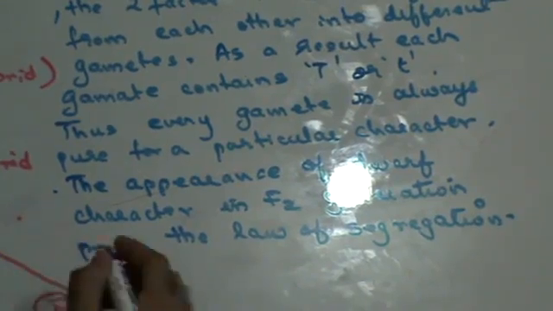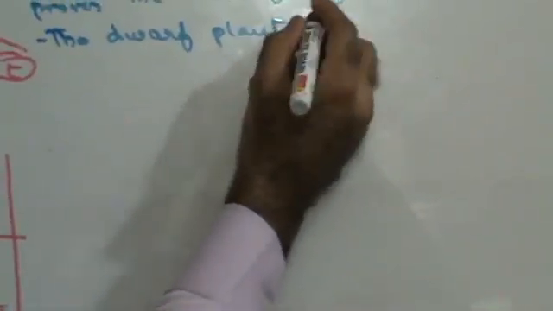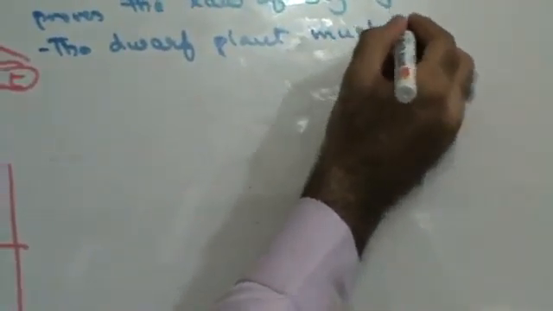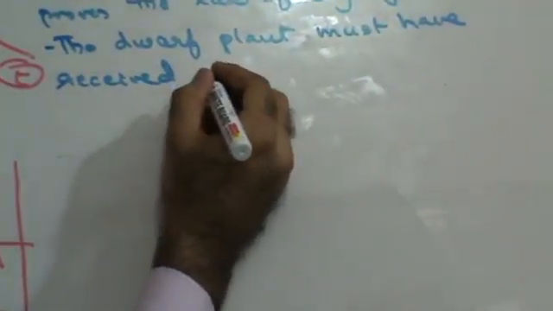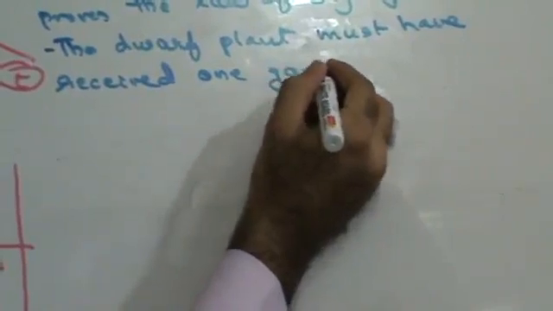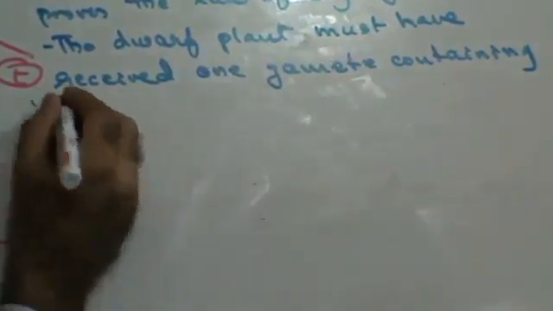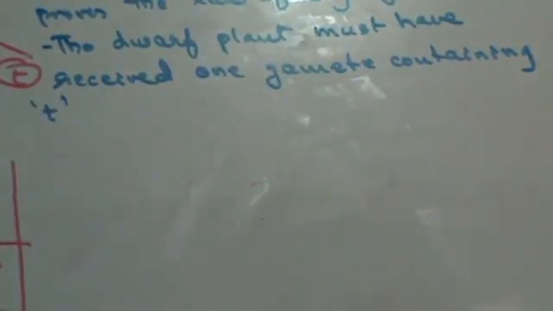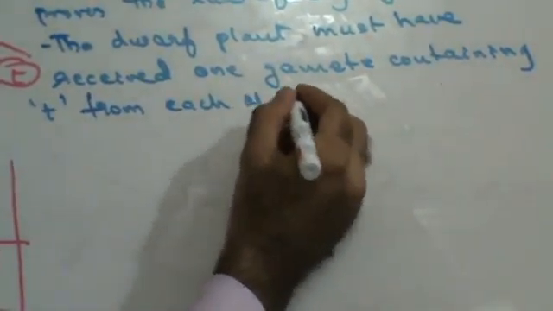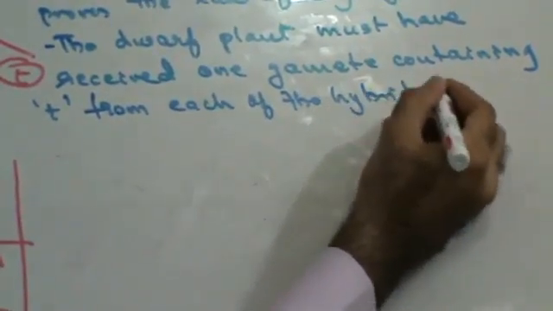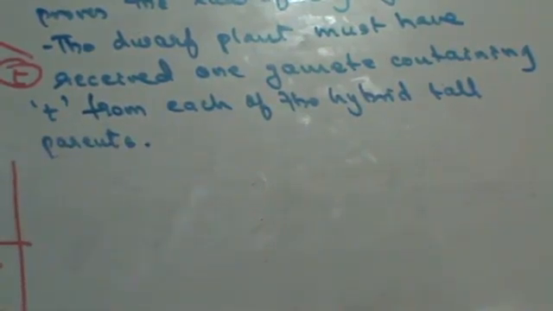I can say that the dwarf plant must have received one gamete containing t from each of the hybrid tall parents, right?